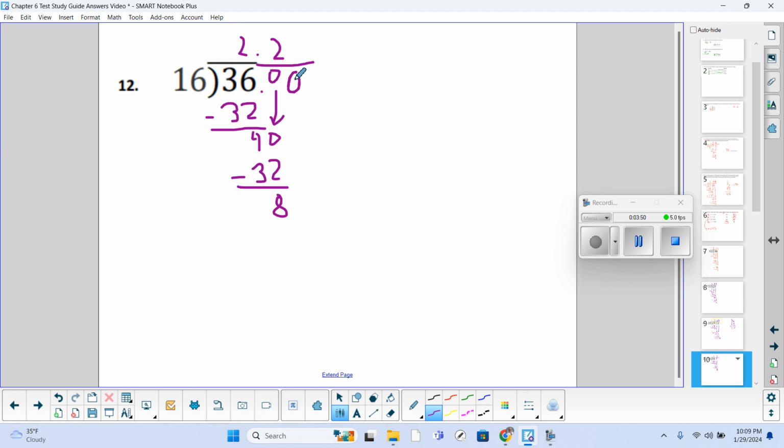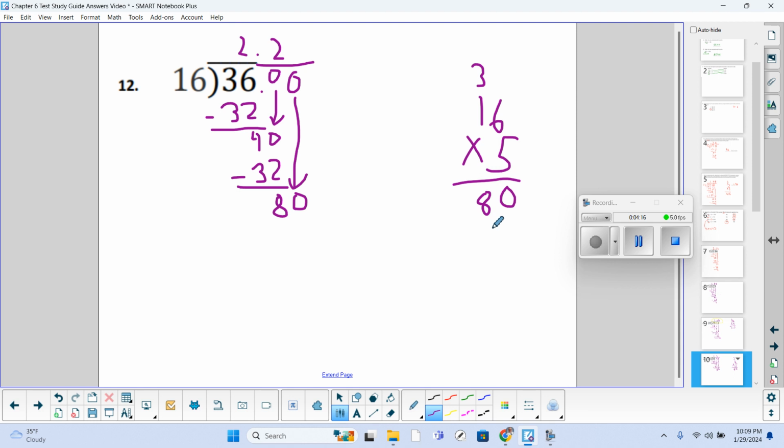I'm going to keep adding zeros until I can figure out if I'm done or if it repeats, which you'll learn in a higher grade. 16 goes into 80 how many times? Well, I know that 5 times 16 is 80, but let's just check that to make sure. 5 times 6 is 30, put a 0 there, carry the 3. 5 times 1 is 5, plus 3 is 8.